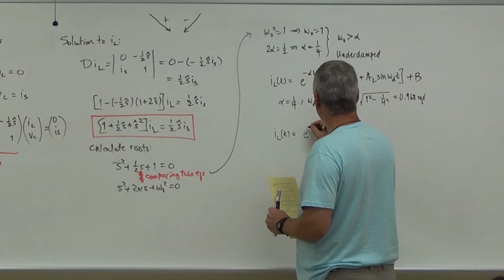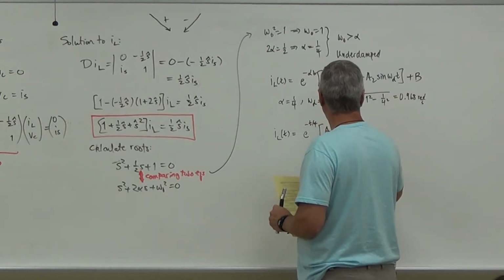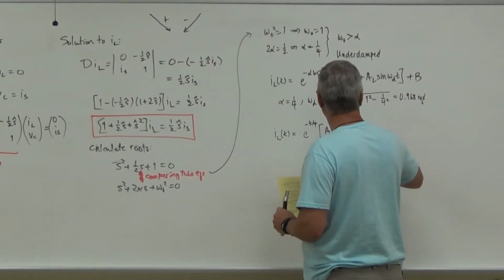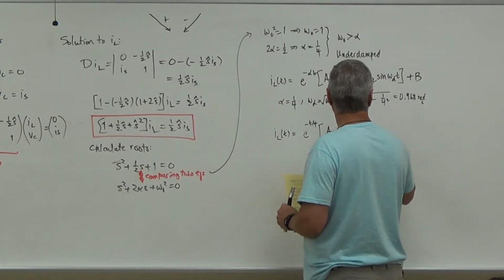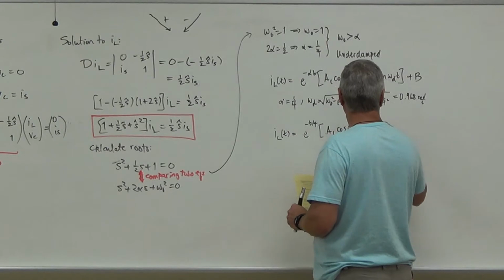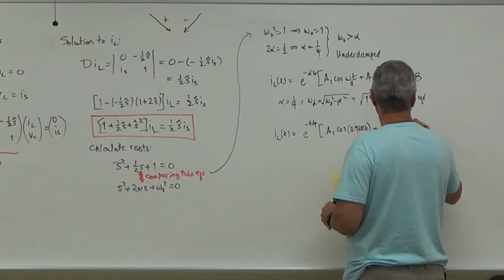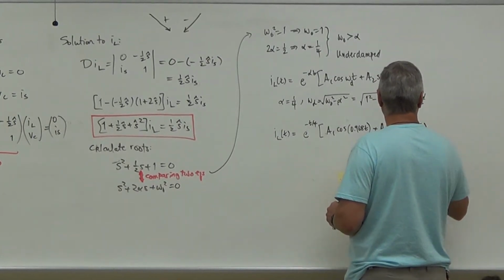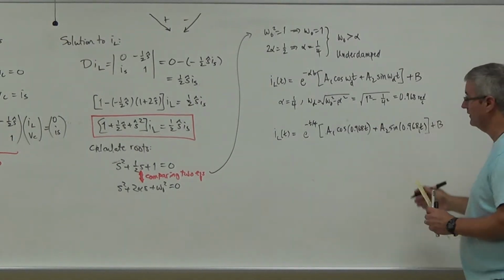So this will be e to the minus t over 4 times the quantity A1 cosine of 0.968t plus A2 sine of 0.968t. So that's my solution plus my b.